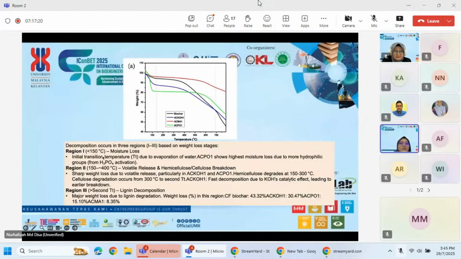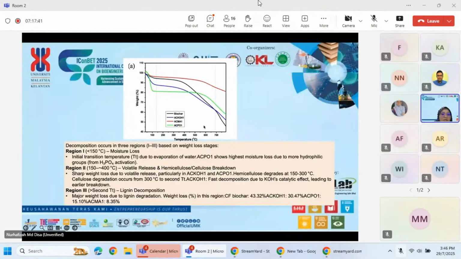For region 2, between 150 to 400 degrees Celsius, this is the volatile release and hemicellulose-cellulose breakdown region. There is a sharp weight loss due to volatile release, particularly in ACKOH, the blue line, with fast decomposition due to the KOH catalytic effect leading to earlier breakdown.